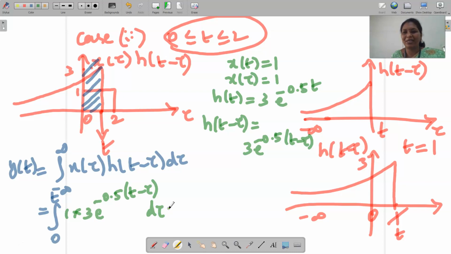So now I have to integrate this part. Here the integration is with respect to tau, so t terms become constant.